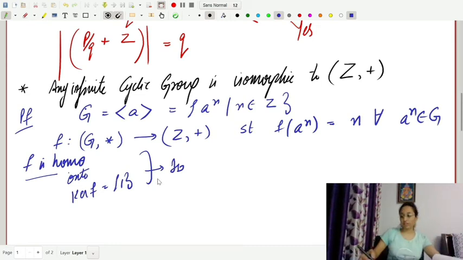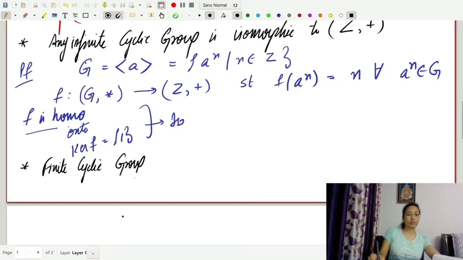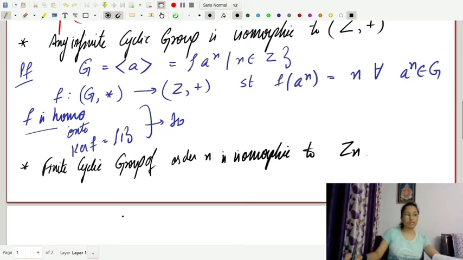We also have another property, that any finite cyclic group of order n is isomorphic to Zn under addition modulo n.